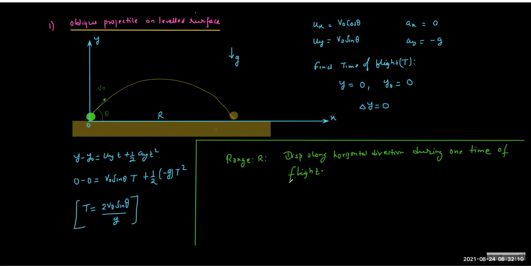So range is the displacement along the horizontal direction during one time of flight. Okay.